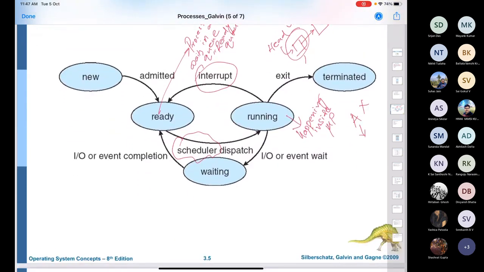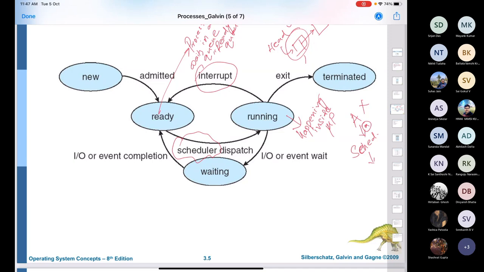So from A it went to the scheduler. Actually it does not directly go to the scheduler, but as a simplicity, you assume it goes to the scheduler.